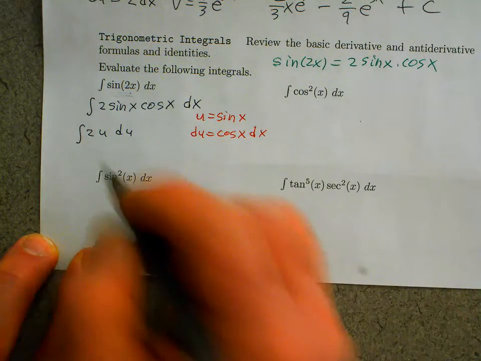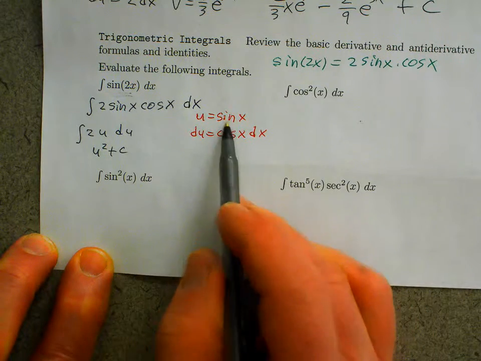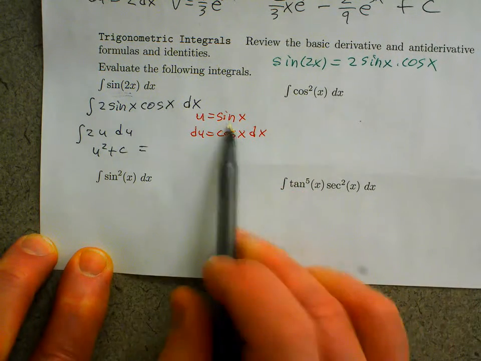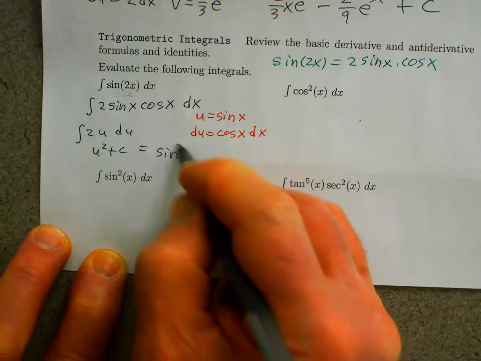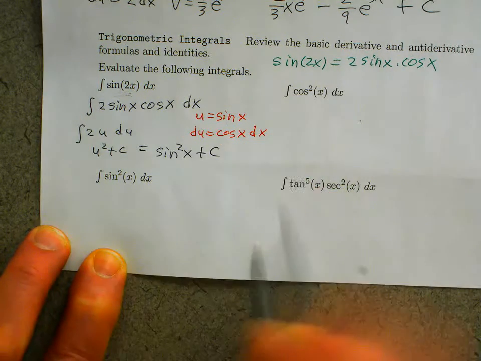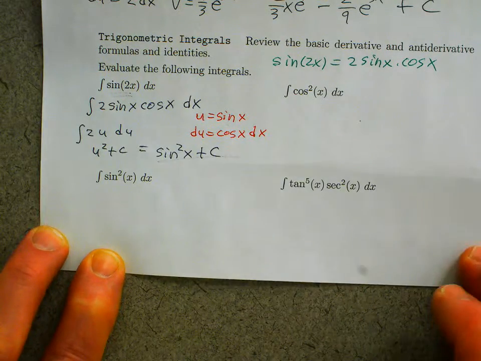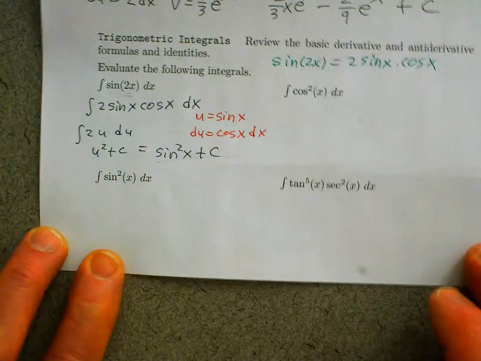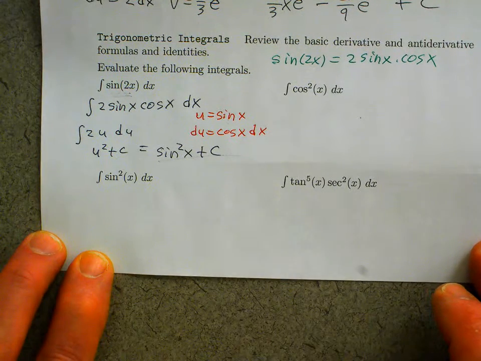Yeah, u to the second plus a constant. And then we put back what u is, so we get sine of x squared plus a constant. Are we in agreement? Okay.